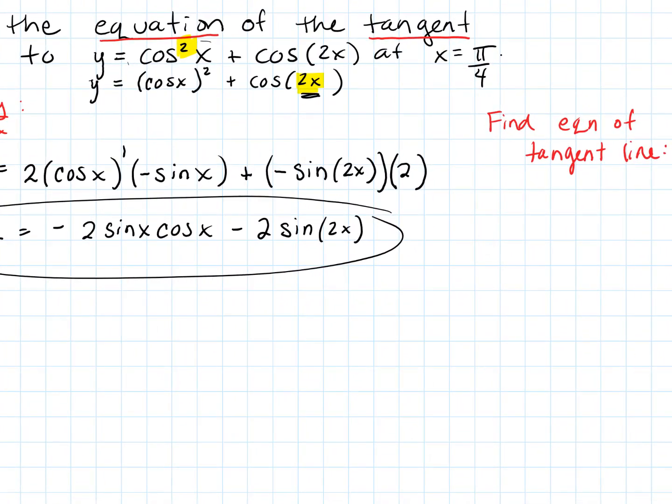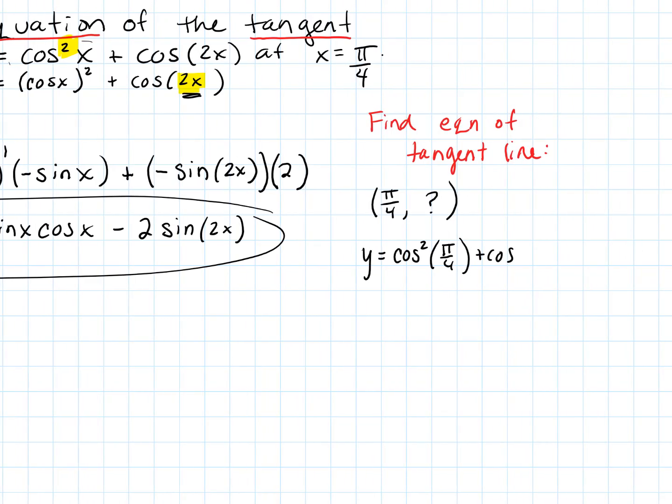To find the ordered pair, let's plug pi over 4 into our function. What would y be if we plugged in pi over 4? The cosine squared of pi over 4 plus the cosine of 2 times pi over 4. The cosine of pi over 4 is root 2 over 2, and we're squaring that.